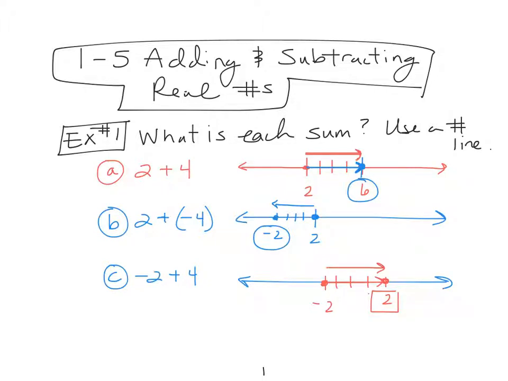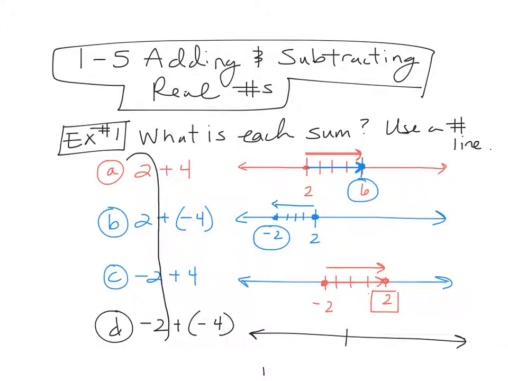Last one like this. What if it's negative 2 plus negative 4? Here's our number line. We're starting at what number? At negative 2. You're always starting at that first number, right? So negative 2. If I do plus a negative 4, what direction am I moving?